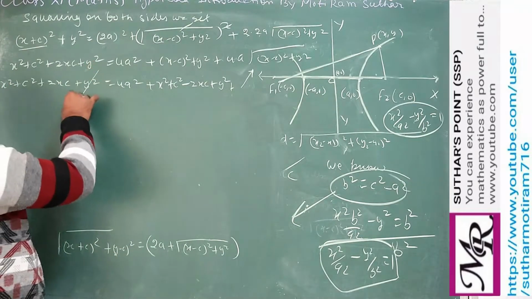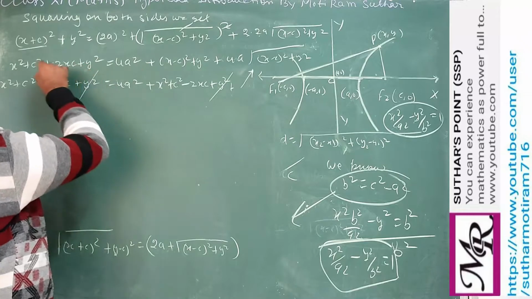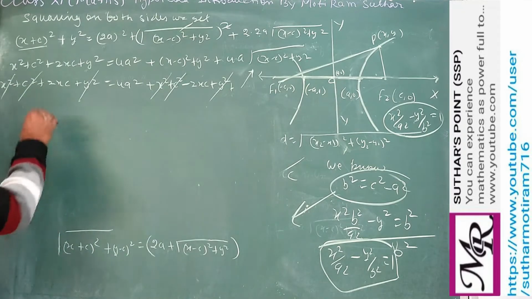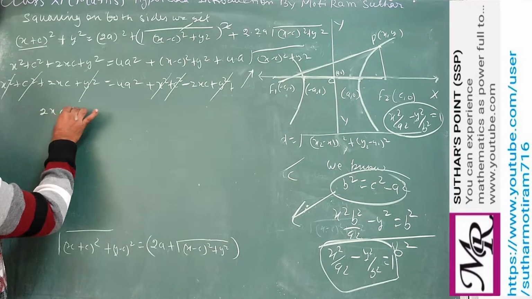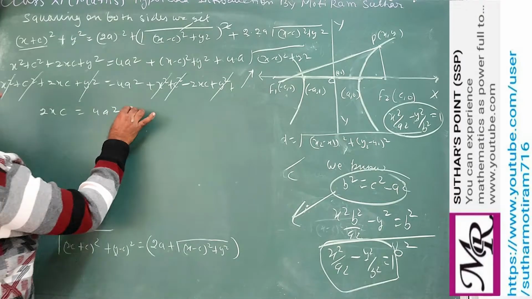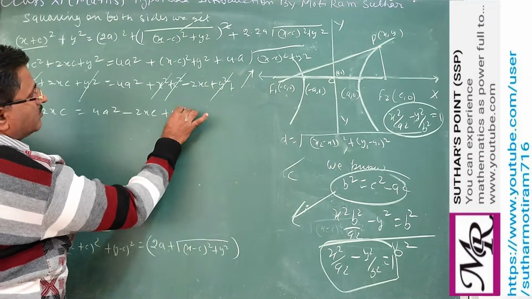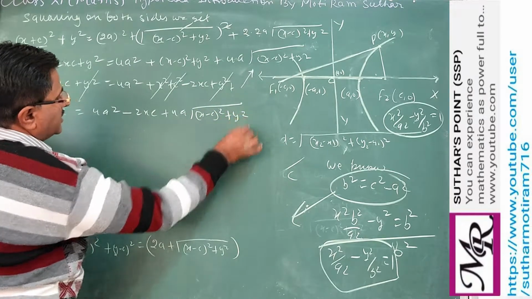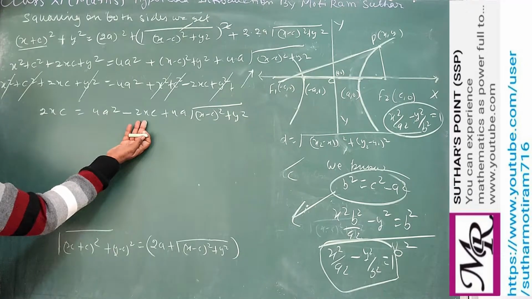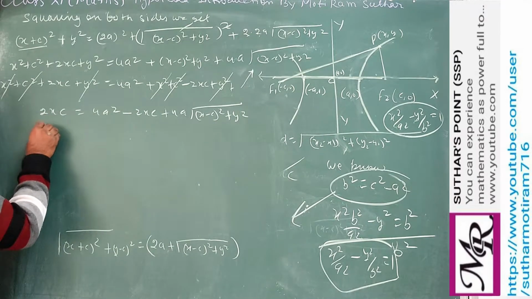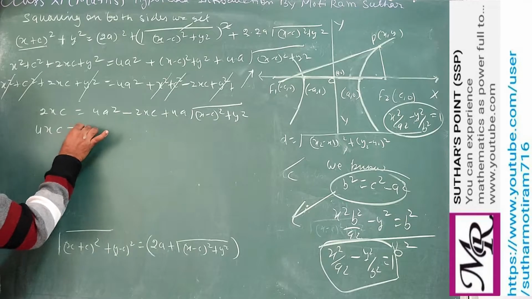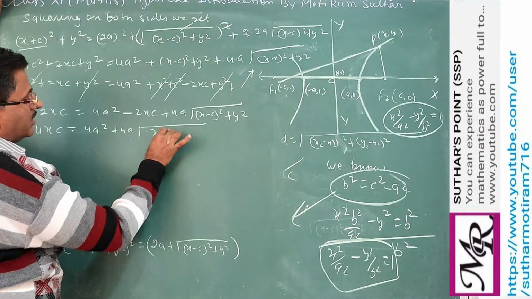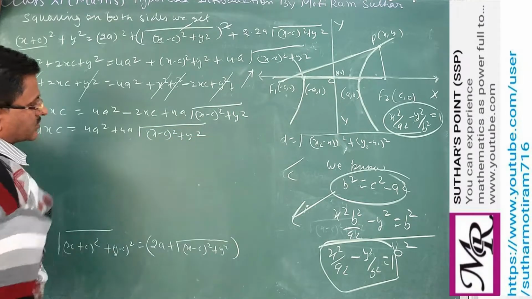Now on both sides similar terms are cancelled. The c square, x square, and y square cancel out. So on the left hand side only 2xc is left, and on the right hand side 4a square minus 2xc plus 4a root of (x minus c) whole square plus y square. Now this minus 2xc transfers to this side, so minus minus plus, this is 4xc equal to 4a square plus 4a root of (x minus c) whole square plus y square.